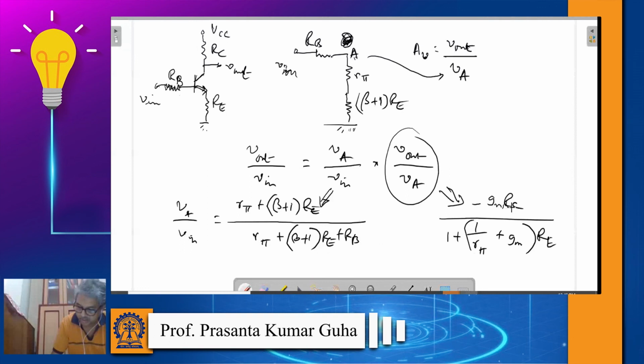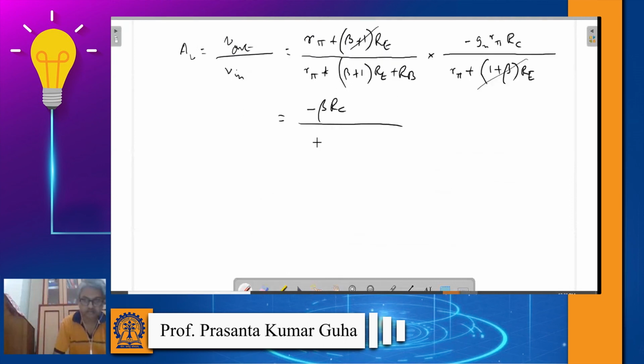In the numerator you will have GM R pi RC, that is basically beta RC, right? And this term you can write in the form of beta. So this and this will cancel out, and you will end up with beta RC.